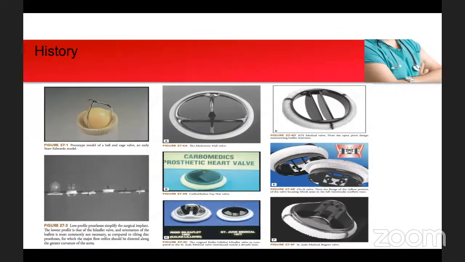These valves usually demonstrate a low gradient, minimal aortic regurgitation, low thromboembolism risk and a low profile design, with a lesser need for anticoagulation, which is the standard of care nowadays.